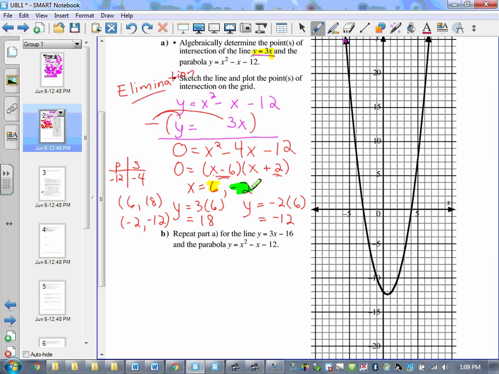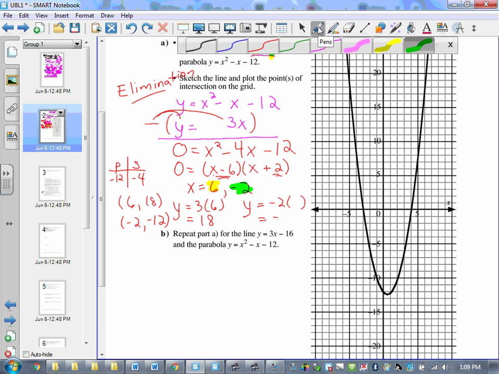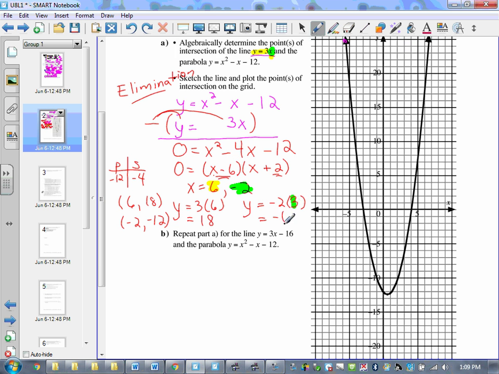What does y equal there? I can substitute. Oh, sorry. Yeah, you're right. I'm multiplying it by x, so it should be 3 times -2. Thanks, Ava. So, -6. And then we've got to fix this one. Thank you, Eva.